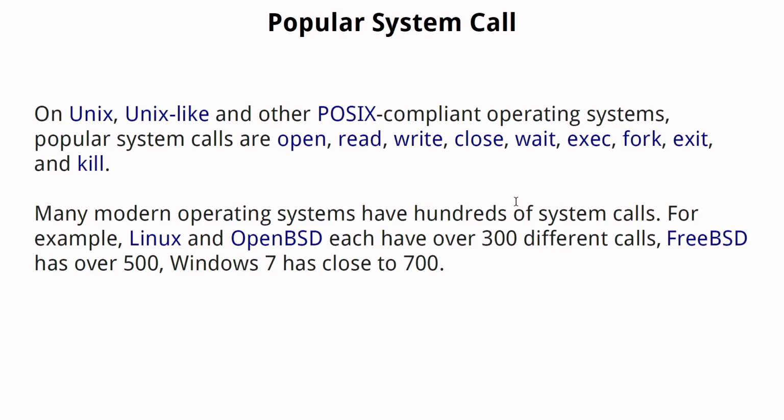Those are system calls to handle other processes running on the same system. You can wait for those processes. You can execute a new process. You can fork the current process, and also you can exit the current one. Kill is also the system call to send a message to another process. Like I said, modern OS has hundreds of system calls, and it's still counting. We have more system calls. Windows, some people say, probably has 700 system calls.